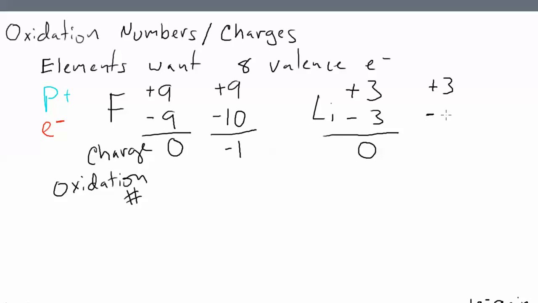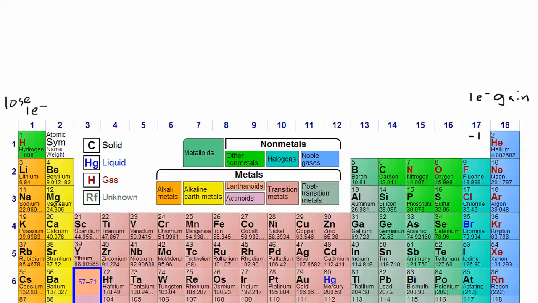So now it's going to be minus 2 because it lost an electron instead of gaining one like fluorine did. So 3 minus 2 is positive 1. So the most common oxidation state or charge of lithium is going to be plus 1.